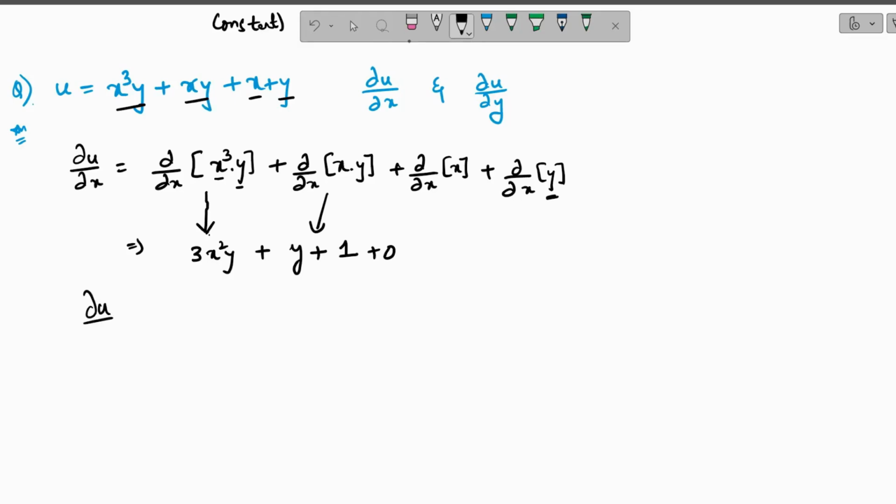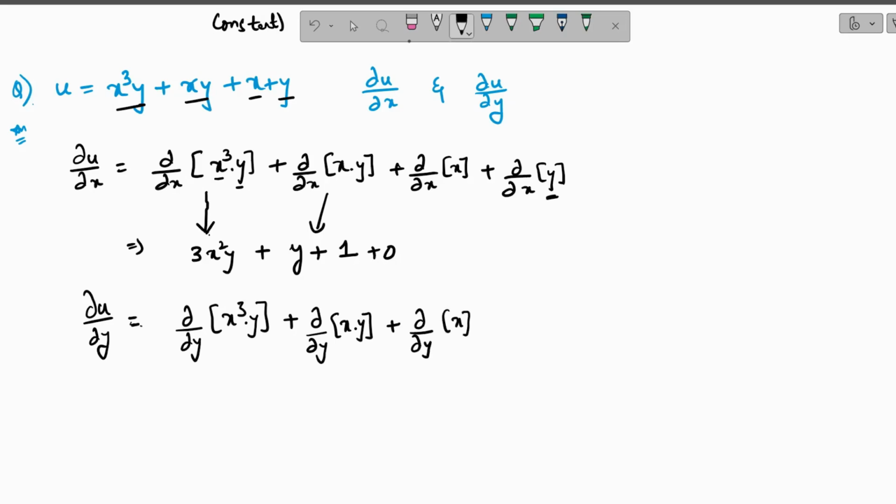Similarly, dou u by dou y. If you see dou u by dou y, of x cube y, dou u by dou y of xy, dou x by dou y plus dou y by dou y.